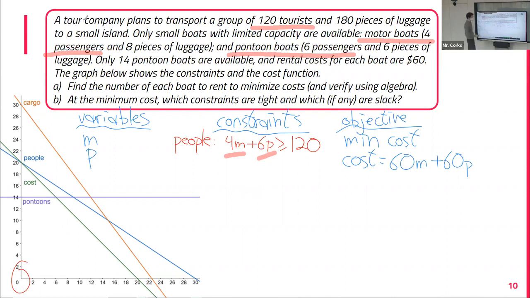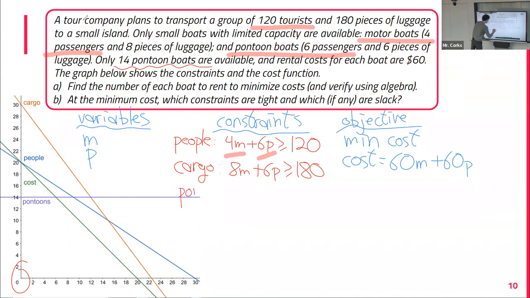Okay, next constraint. Tell me the thing first, then tell me the inequality. Okay, luggage, which I wrote as cargo here, so I'll write it that way. Cargo, which is 8m plus 6p greater than or equal to 180. Okay, so same idea as the previous one. One more constraint. Okay, 14 pontoon boats available.